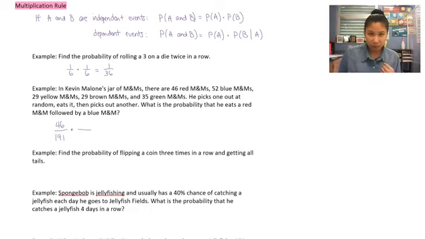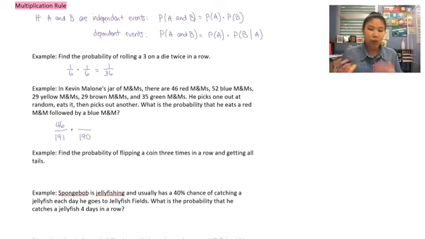When he eats it, there are now only 190 M&Ms left. So because of the second probability, when he tries to eat the blue one, there are fewer M&Ms to begin with in the jar, this makes these two events, him eating a red M&M and then eating a blue M&M, dependent events, because if he already ate one, the probability changes for the second one because there's one less item in the jar now.